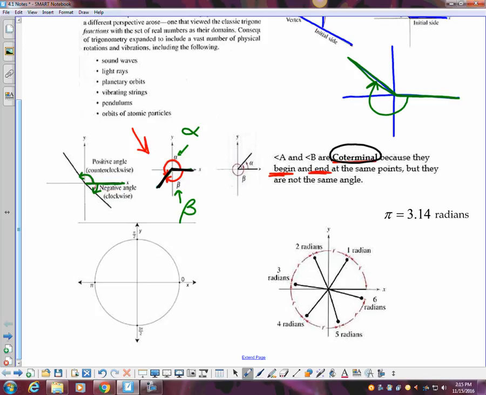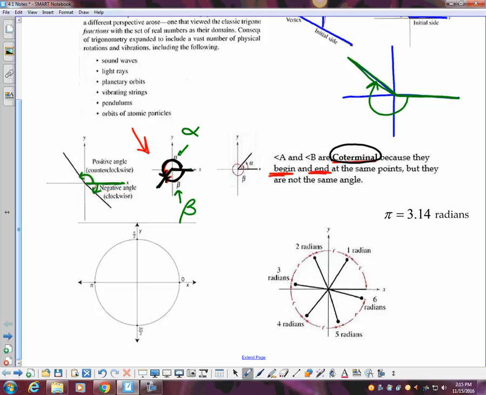If you remember from basic geometry, half a lap or a semicircle is 180 degrees. So alpha is over 180 degrees, and beta is just over 90 degrees, and it's negative. So they're very different angles, but they are called coterminal because they share a terminal side.